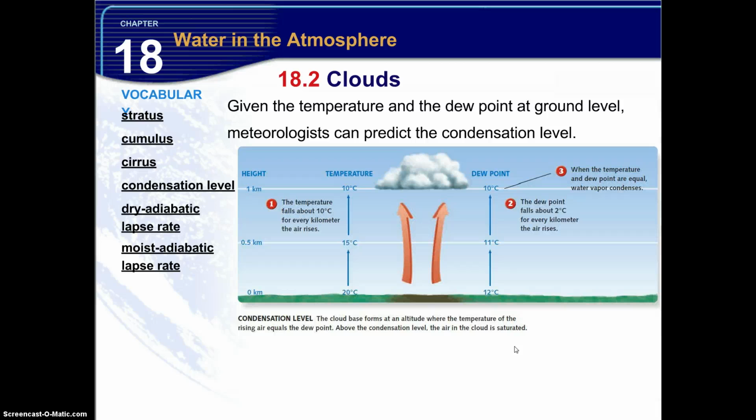So in these three steps, looking on the left of this diagram, the temperature falls about 10 degrees Celsius for every kilometer the air rises. Then the dew point falls about 2 degrees Celsius for every kilometer the air rises. And when the temperature and the dew point are equal, water vapor condenses. So once they both reach 10 degrees Celsius, that's where the condensation level will occur.